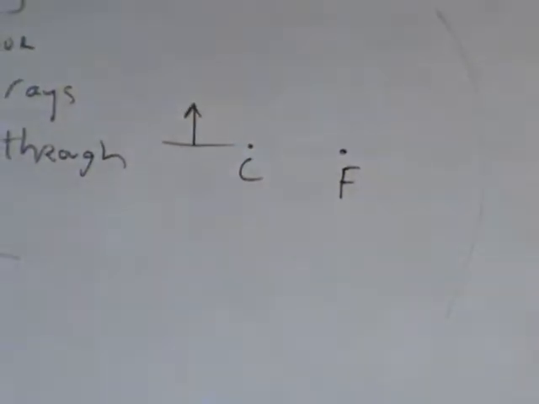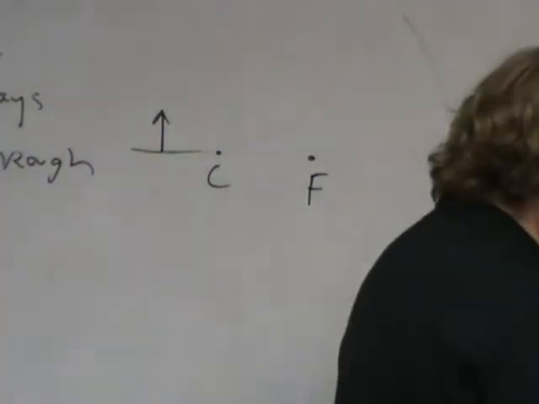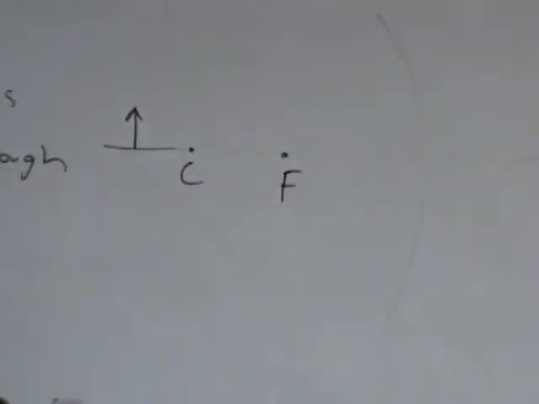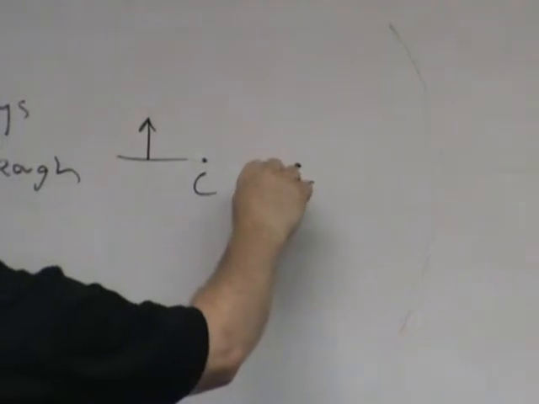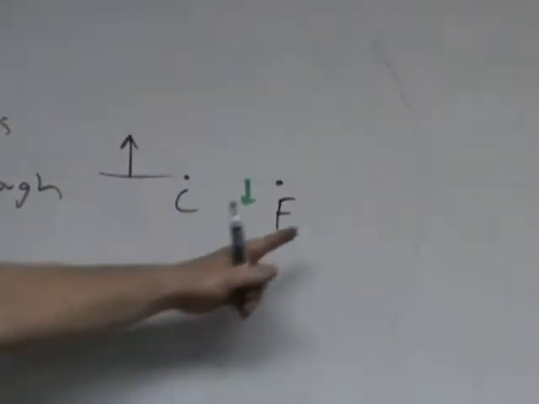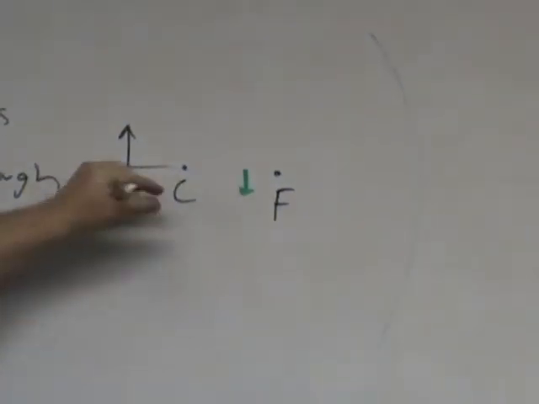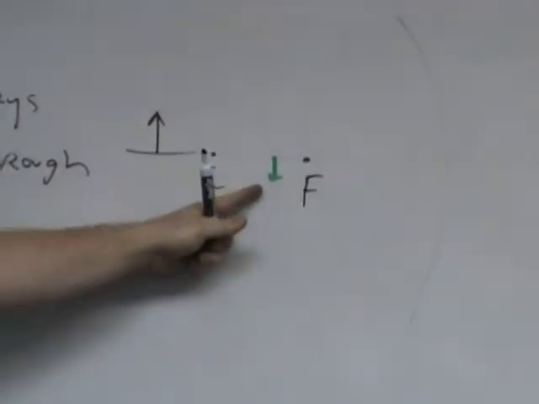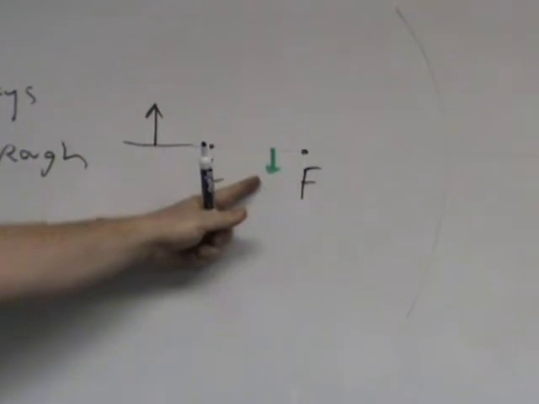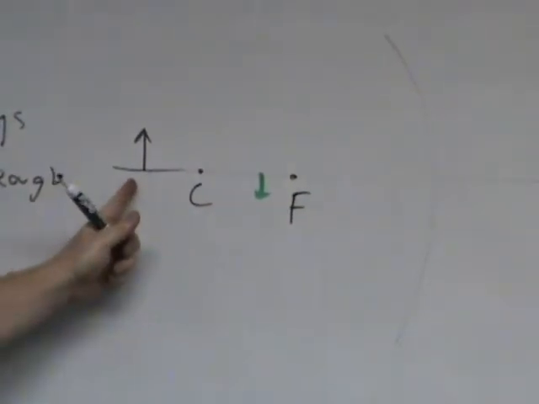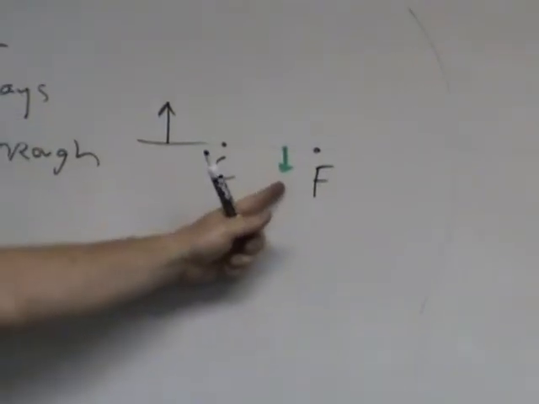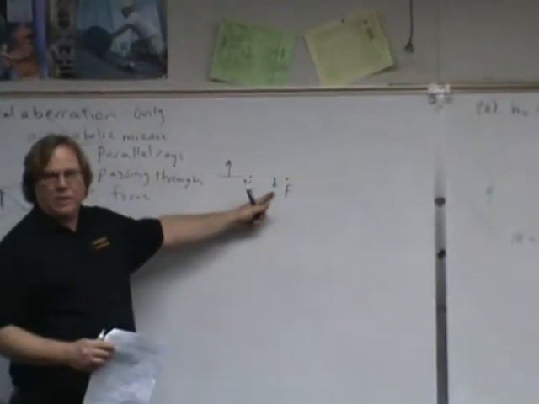And when we did that, we found that the image was here. The image was closer to the vertex than the object, the image was reduced in size, and the image was inverted. This was the very first ray drawing we did, where the object distance was 7 and the image distance was 5.25. The object height was 1, and the image height was like 0.75.